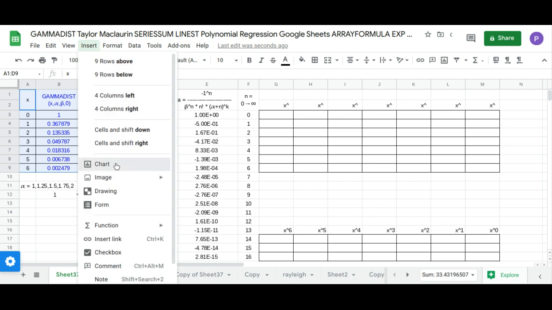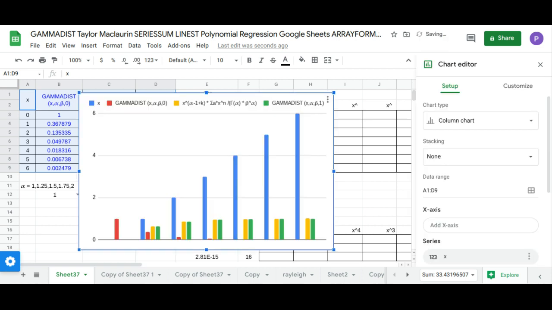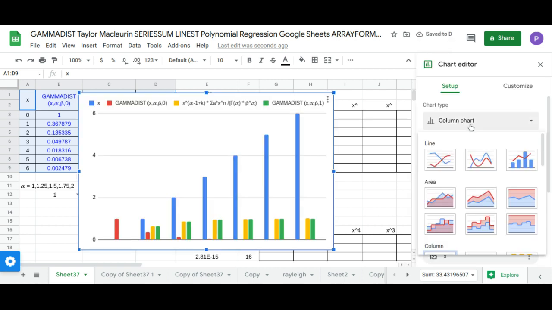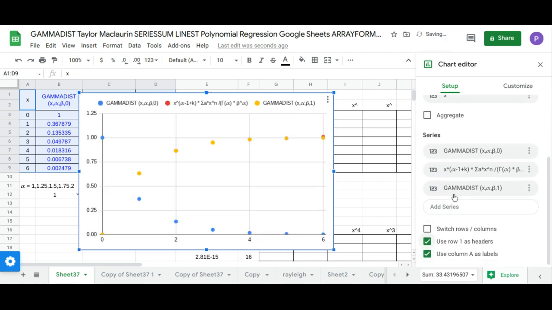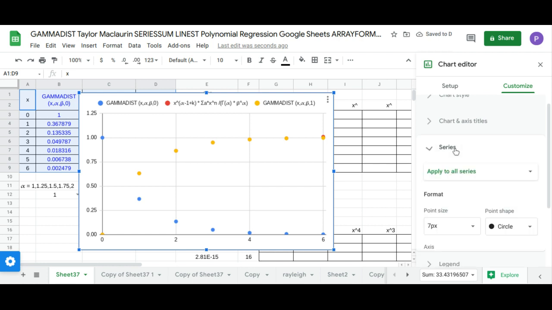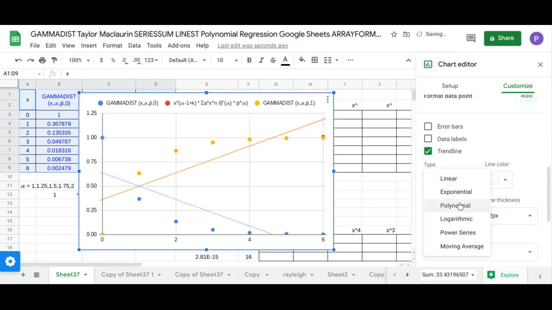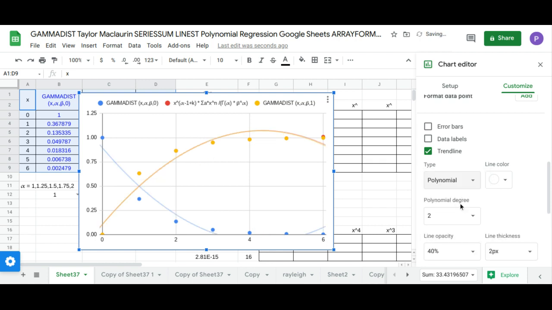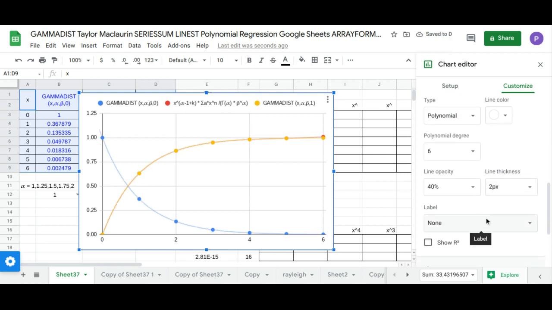Insert chart, and we will use scatter chart. And show the series, the trend line, polynomial to the 6th degree. And the label, use the equation.